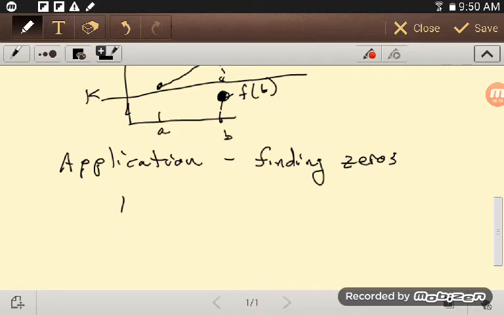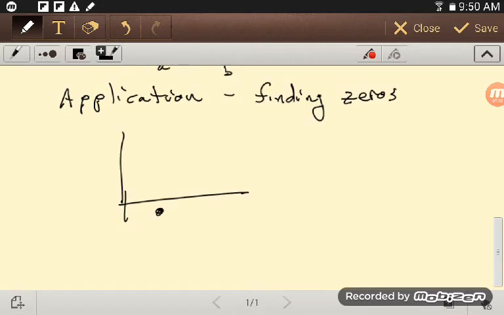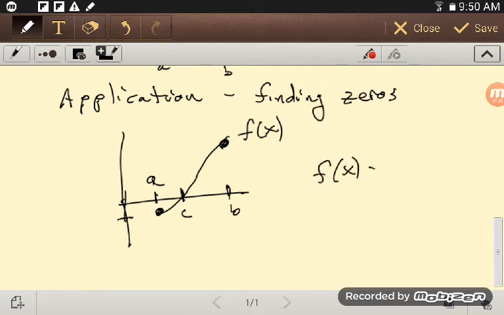Because if this is at a and this is at b, and there's my function f of x, then what I know is that f of c equals 0 for some c with a less than c less than b.